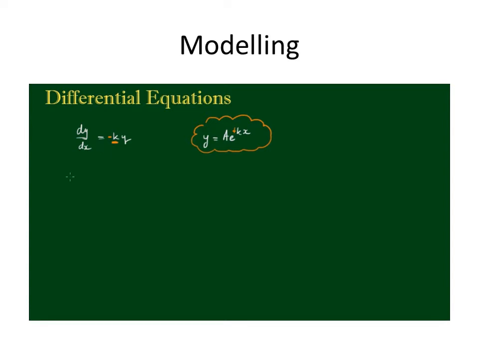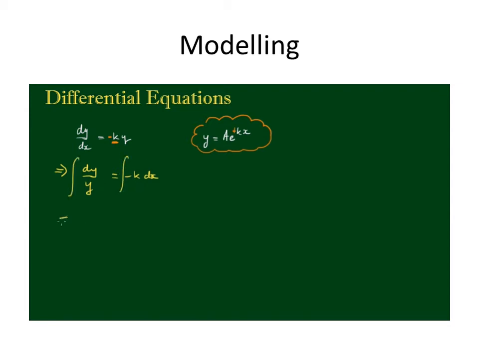So we've seen that the differential equation dy/dx equals kx gives rise to the equation that describes exponential growth. So y equals a e to the positive kx describes exponential growth. Well, what if we were to turn the coefficient in front of this y on the right hand side, this k, into a negative, so we have negative k instead of positive k. If we work through the solution and separate the variables, dy/y equals negative k dx. In case you haven't seen the previous videos, we simply move all the y's to the left hand side and all the x's to the right hand side, and then we integrate both sides.